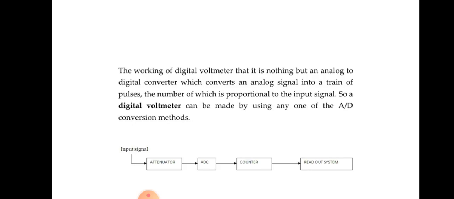In this diagram you can see the input signal is given to the attenuator, then the attenuator gives the output to the ADC, that is the A to D converter. The A to D converter gives output to the counter, and the counter gives the output to the readout system. So this is the display unit, that is the readout system.